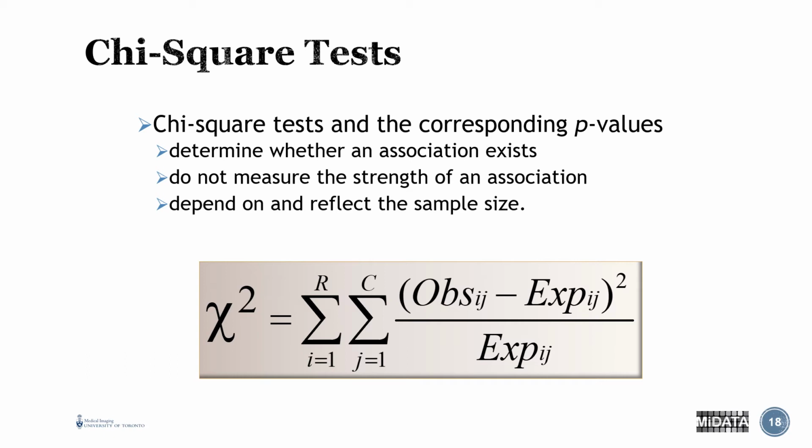So if you look down here, this is your chi-square. It is the sum, for each row and column, of the observed minus the expected for that cell, squared, divided by the expected.